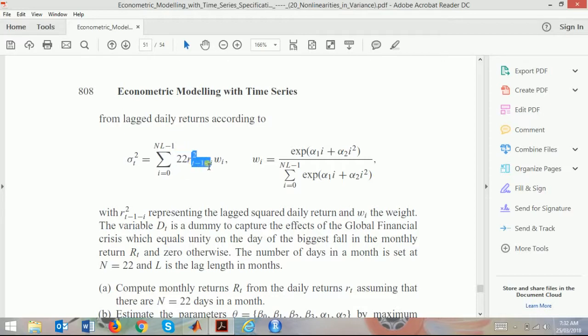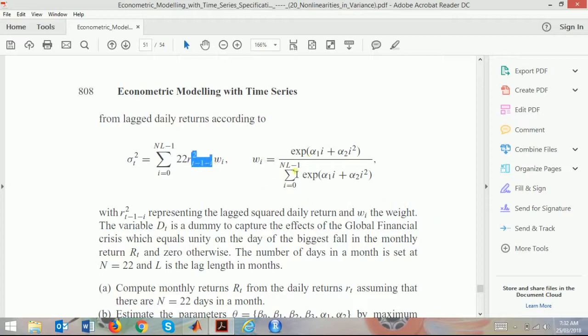Then R square minus 1 is the lag minus I, the whole lag term multiplied by the lagged squared daily return.